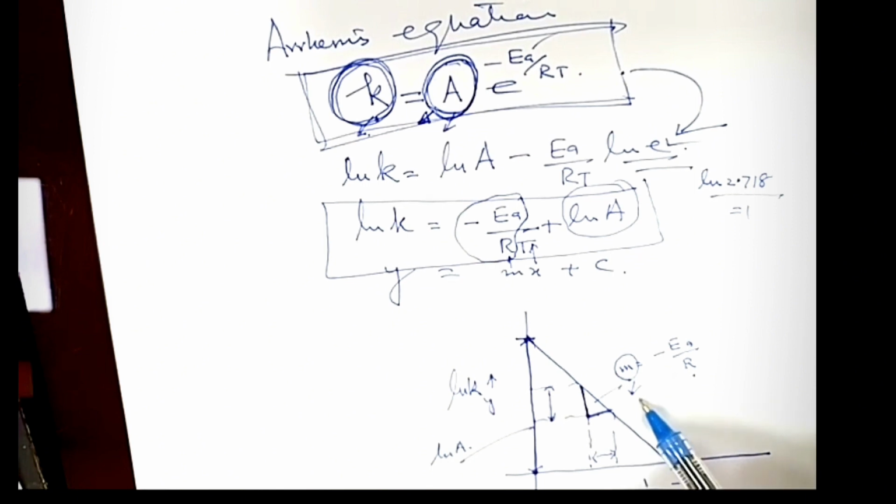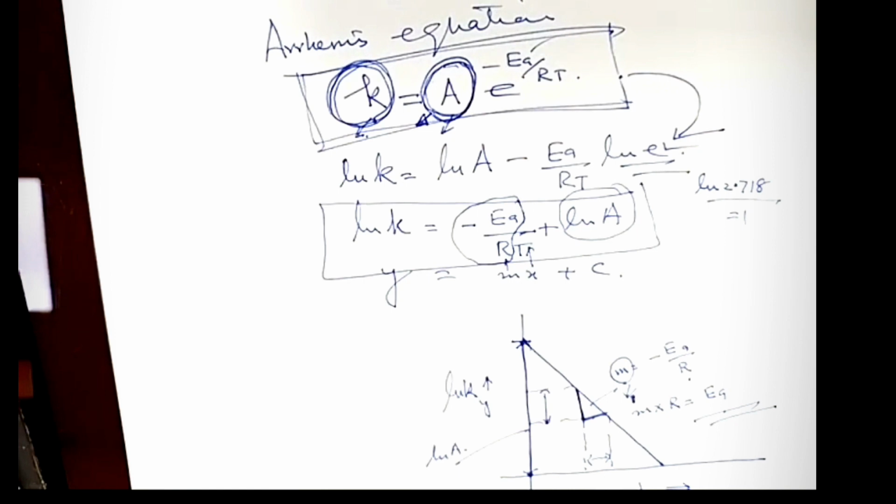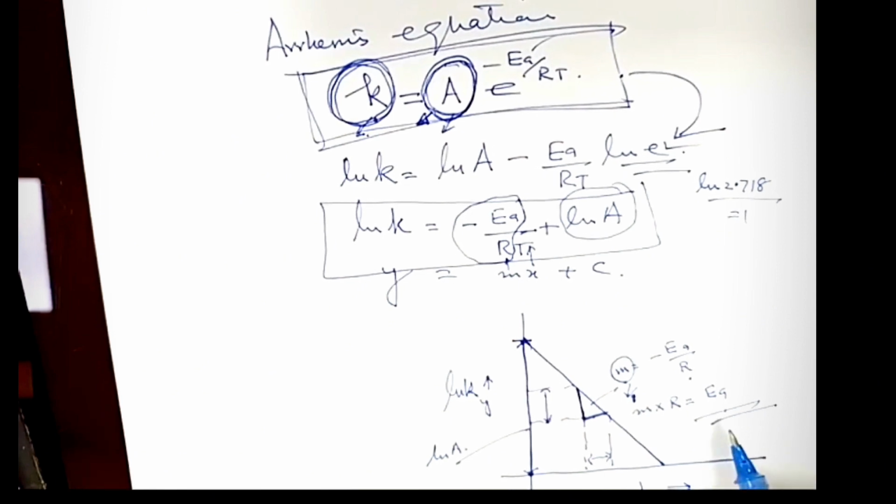If we put this numerical value and multiply it with R, we will get the activation energy. So activation energy is very easy to calculate from the straight line graph, from the value of the gradient or slope or differential of this equation, which is constant throughout the line. As long as the line is straight, this gradient is the same.